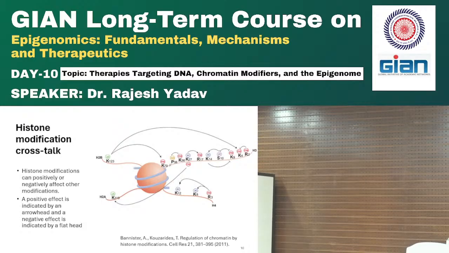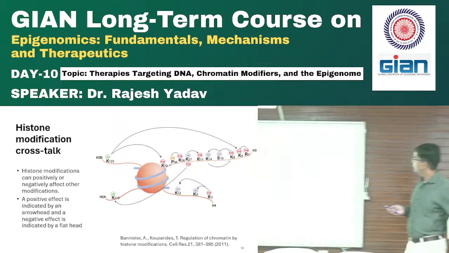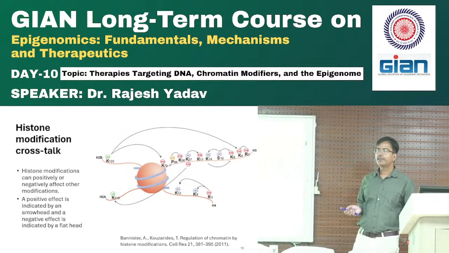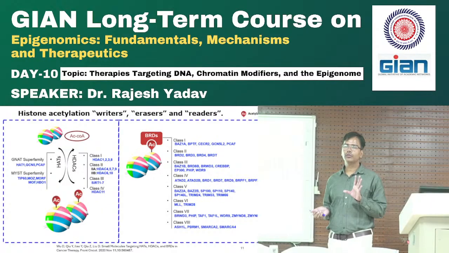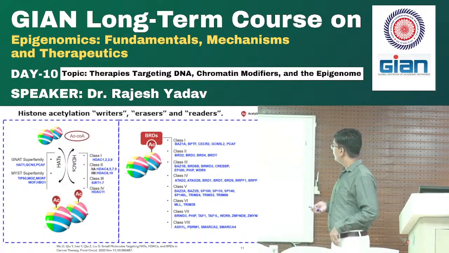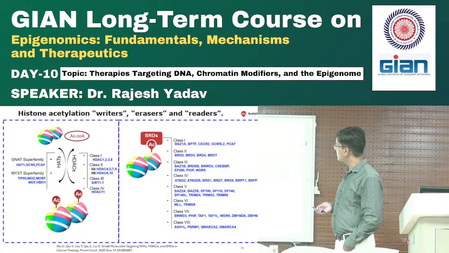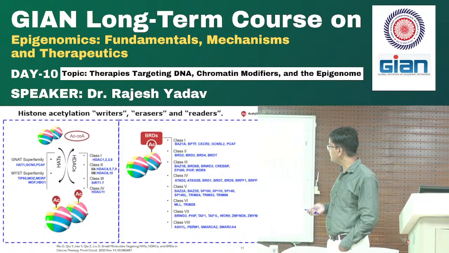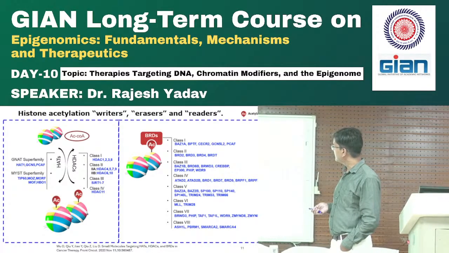Now let's focus on histone acetylation, because this is important so that we know what you require. If you want to design a drug specific to acetylation, you have to focus on the enzymes, the histone acetyltransferases.